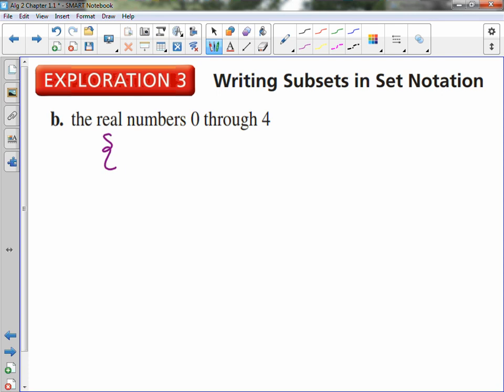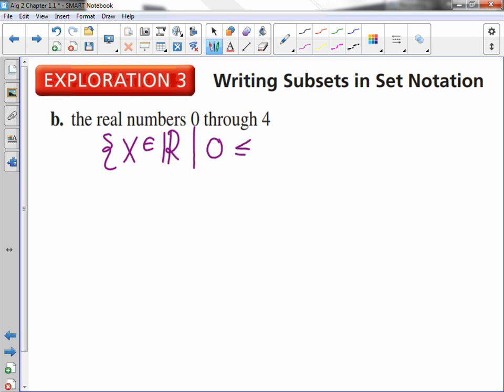And then we're going to say x is an element of what? The real numbers such that what? 0, yes. And that's it here. Questions on this here?